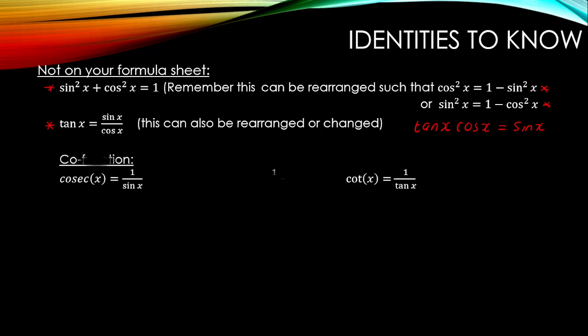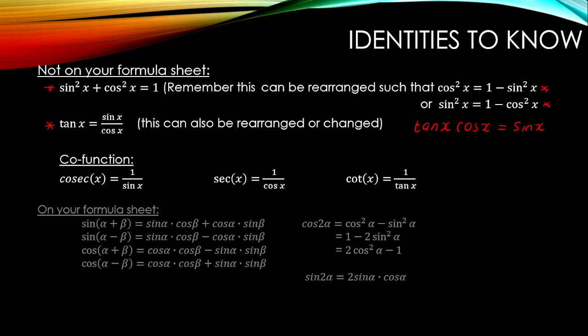Okay, then cofunctions that are important, cosec, sec, and cot. These are important again with identities. They come out of nowhere, and just learn them. Okay, so on your formula sheet, you'll get these 4 compound angles, and you'll get these 4 double angles.